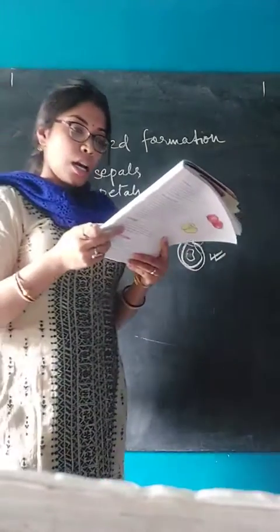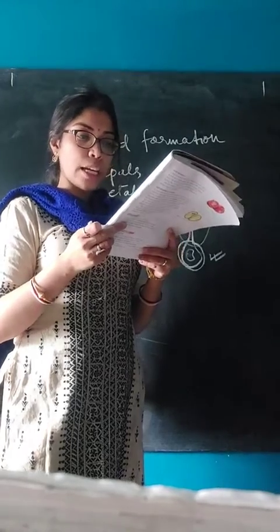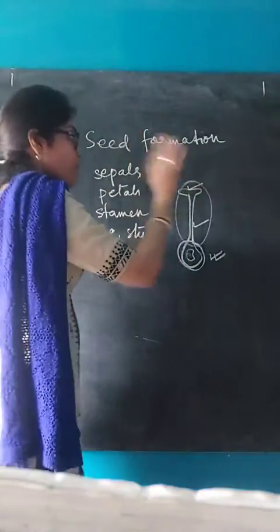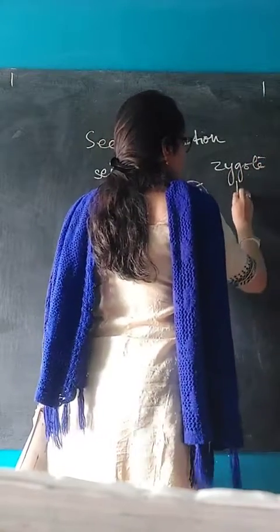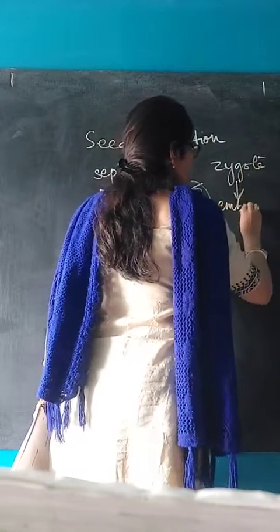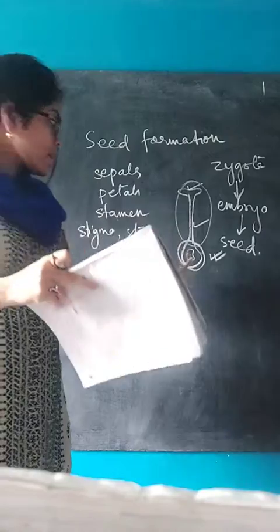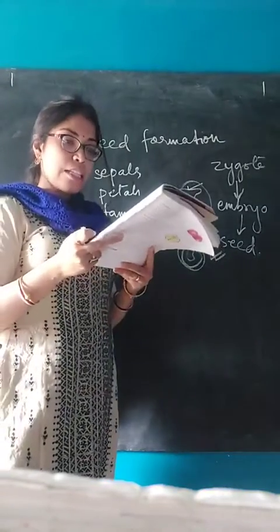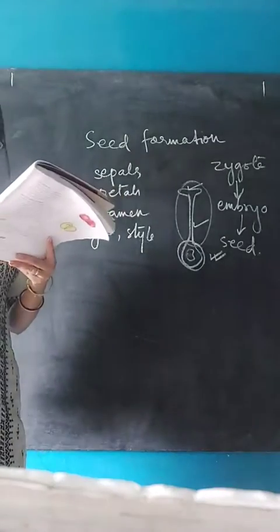Okay. The zygote divides and grows into an embryo, which has two cotyledons and an embryonic axis. So previously we have seen that zygote grows into embryo after cell division, and embryo grows into seed. So the zygote that is present here divides and grows into an embryo, which has two cotyledons.